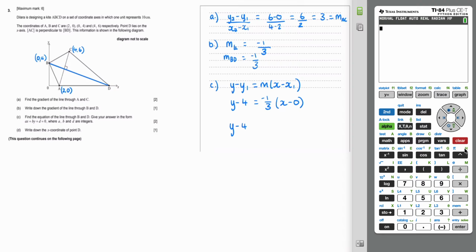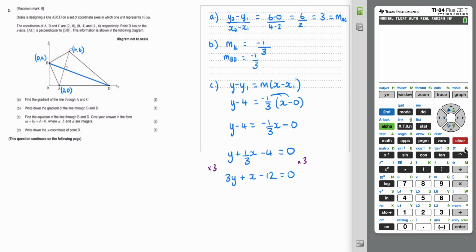We've got y minus 4 is equal to -1/3 x, multiplying this out, minus 0. Then we rearrange to put it all on one side: y plus 1/3 of x minus 4 is equal to 0. We don't want any fractions there, we want integers, so we need to get rid of that fraction. We do that by multiplying everything by 3, so we now have 3y plus x minus 12 is equal to 0.